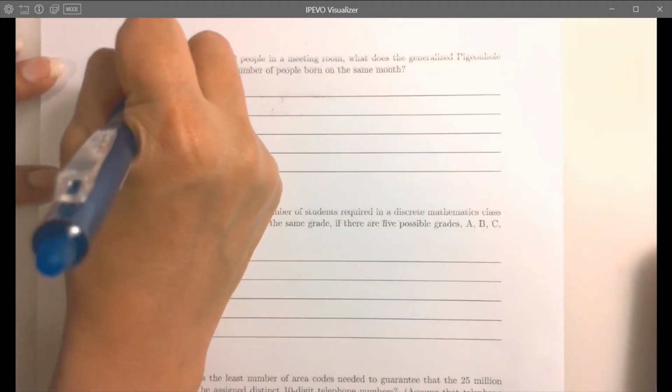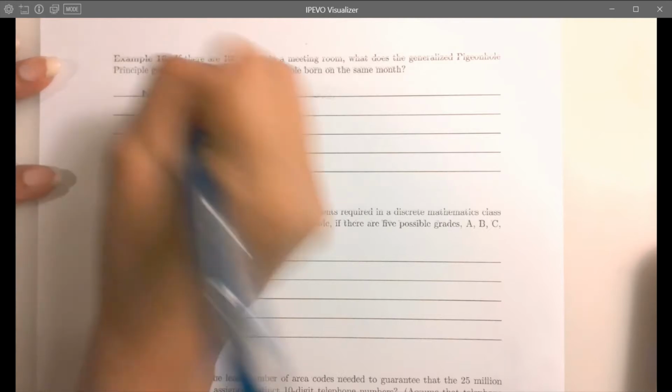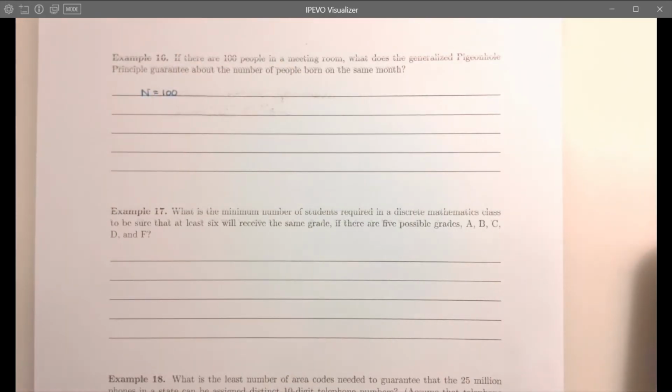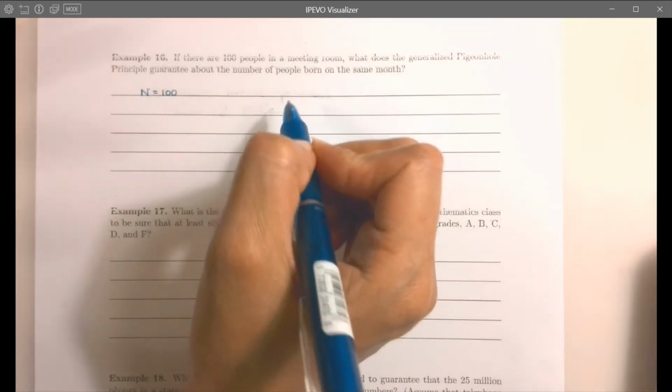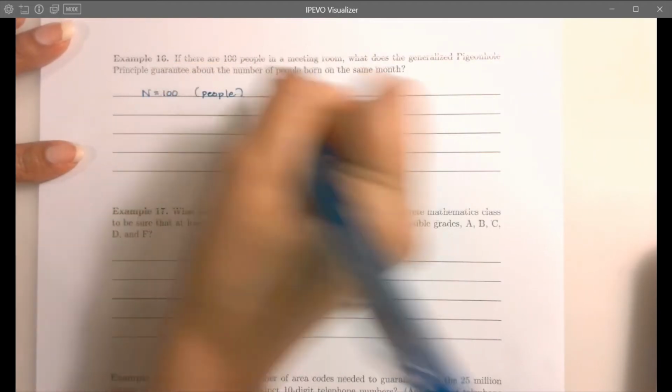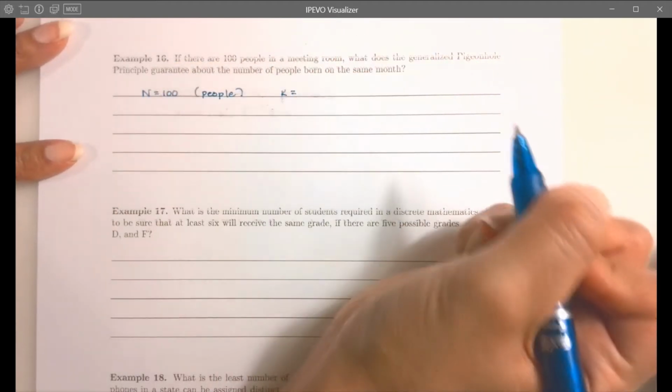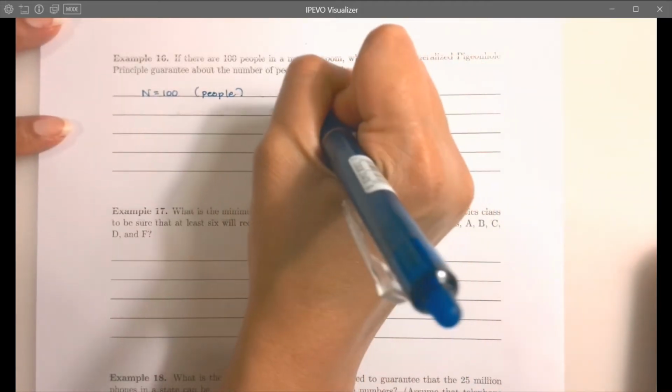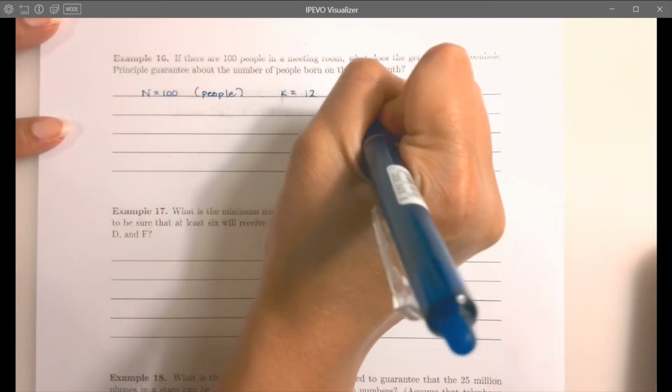So n is 100, representing the people, and k is the number of categories, which would be the 12 months.